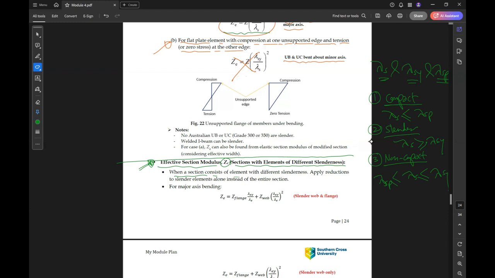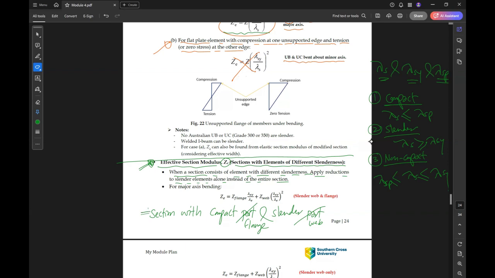When a section consists of elements with different slenderness, apply reductions to the slender element alone instead of the entire section. This is just in case we have a section with a compact part and a slender part, for example, a compact flange and a slender web.